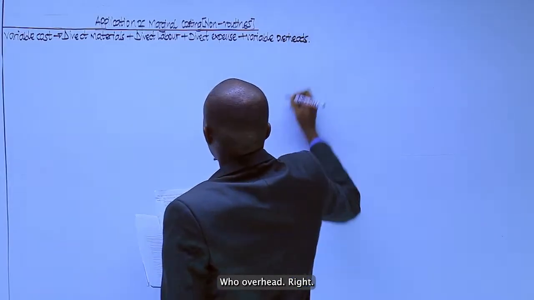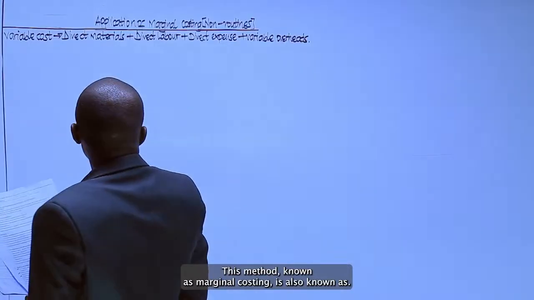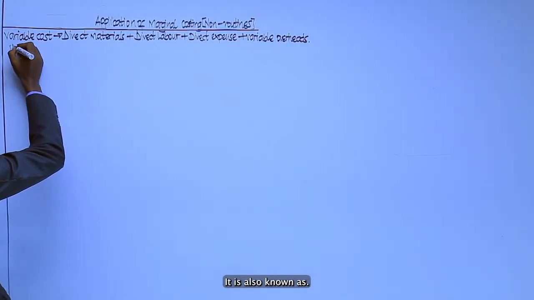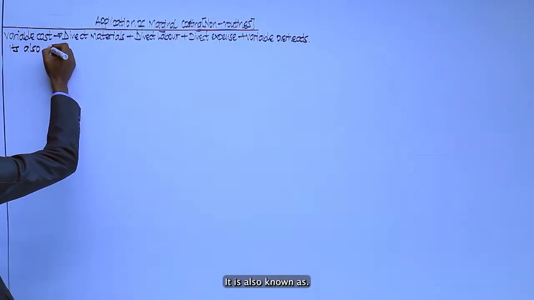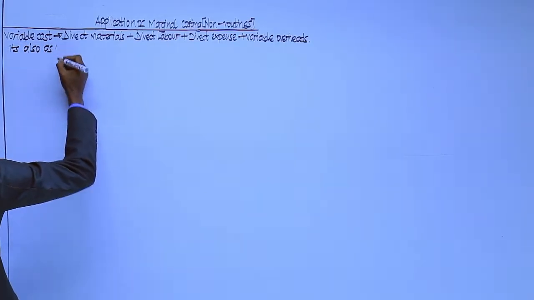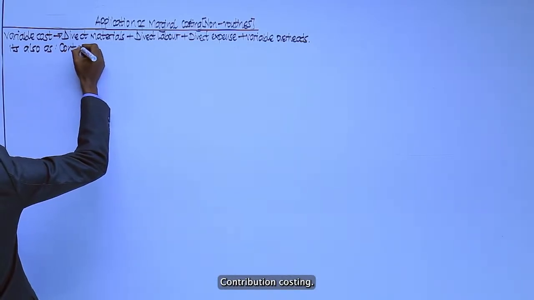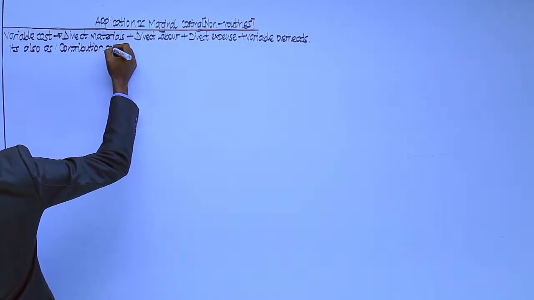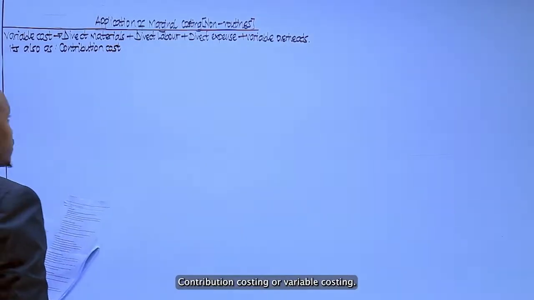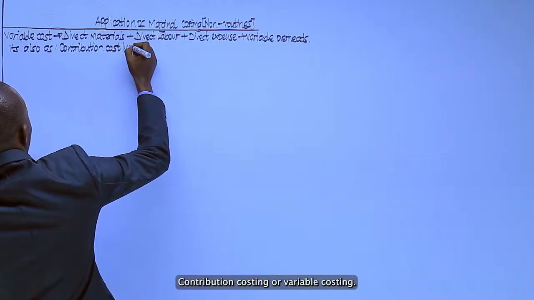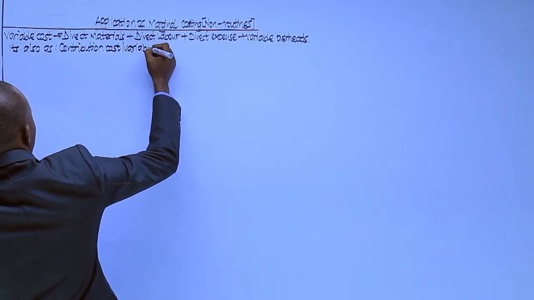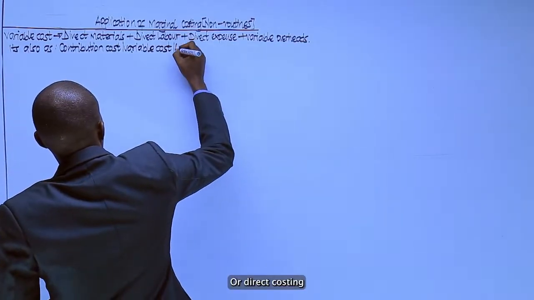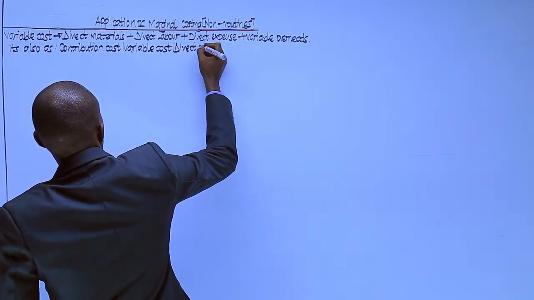Right. This method, known as marginal costing, is also known as contribution costing, or variable costing, or direct costing.